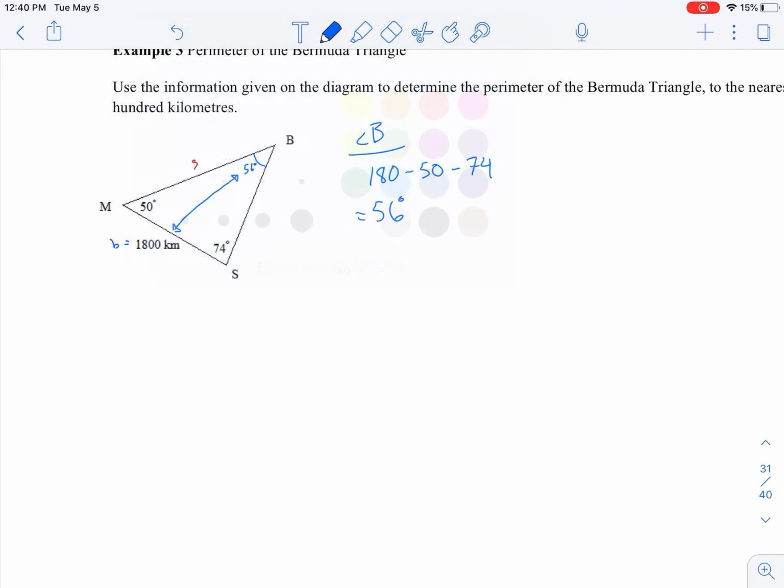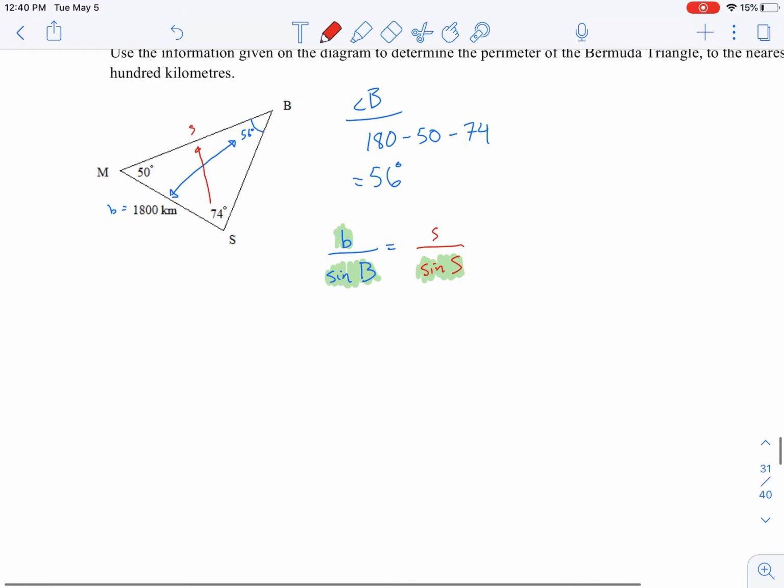So b divided by sine of b is going to be equal to half of another ratio. The other ratio I'm going to use is s divided by sine of s, which is sine 74. If we take a look at what I know and what I don't know, I know b, I know sine of b, I know sine of s, I don't know s. So I have 3 of the 4 pieces here.